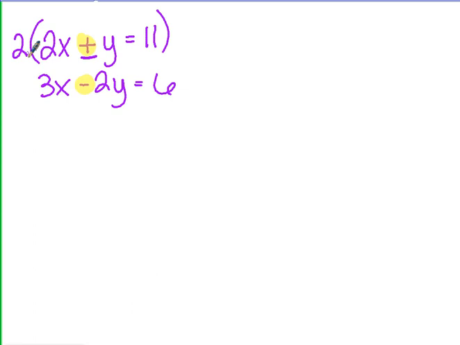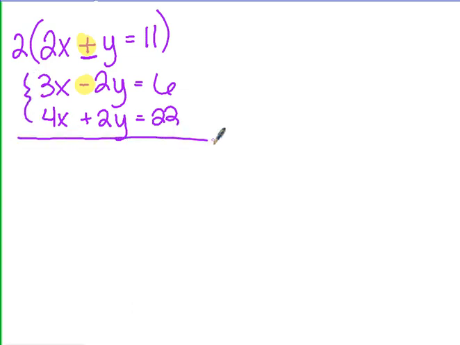So we're going to distribute this 2 in. 2 times 2x gives me 4x. 2 times y gives me plus 2y, and 2 times 11 gives me 22. Do not forget to distribute to every single term in the equation. So now I have 3x minus 2y equals 6, and 4x plus 2y equals 22.